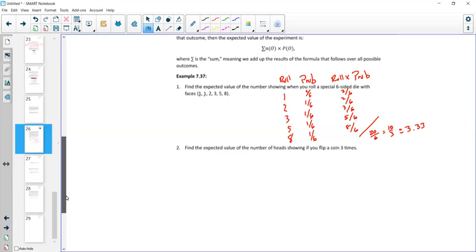Find the expected value of the number of heads showing if you flip a coin 3 times. So we have the number of heads. It could be 0, 1, 2, or 3. So how many different ways can we do this? Well, this is small enough we could write it down. Head, head, head.